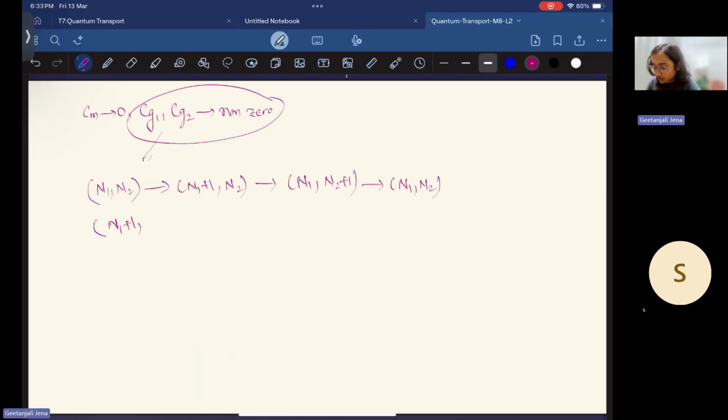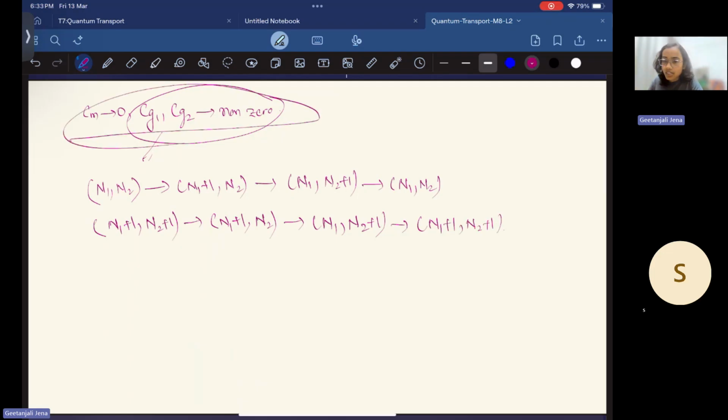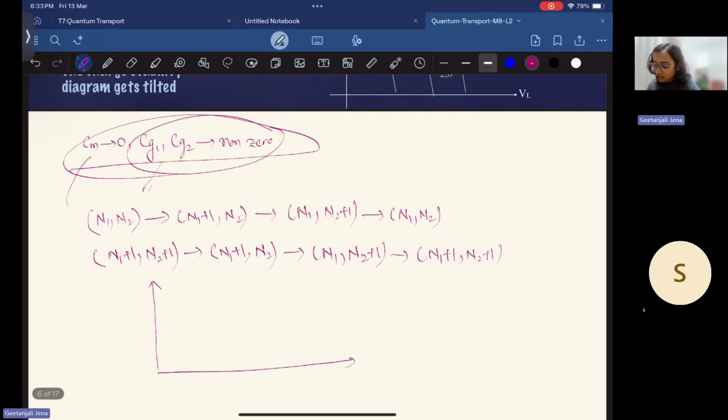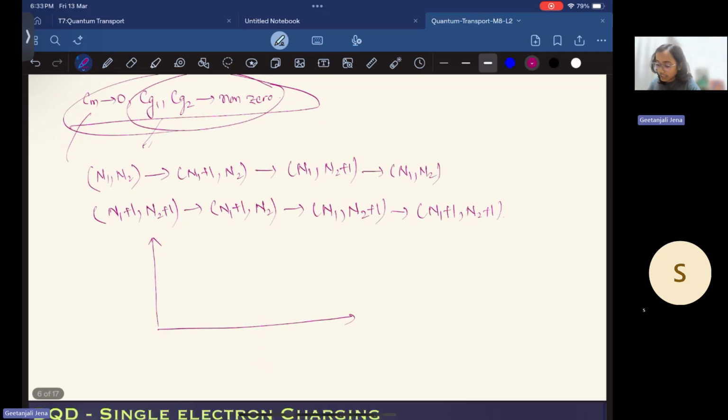Or we started with an extra electron on the second dot, also the first, which goes to N2, then N1, N2 plus 1, then back to N1 plus 1 and N2 plus 1. For this case, where Cg1 and Cg2 are both non-zero but the interdot capacitance is 0, one gate is affecting the electrostatic potential of the other. So instead of a straight vertical line, we'll see a tilted line.